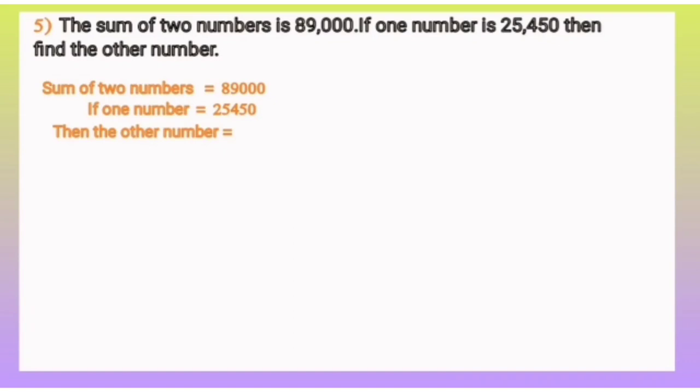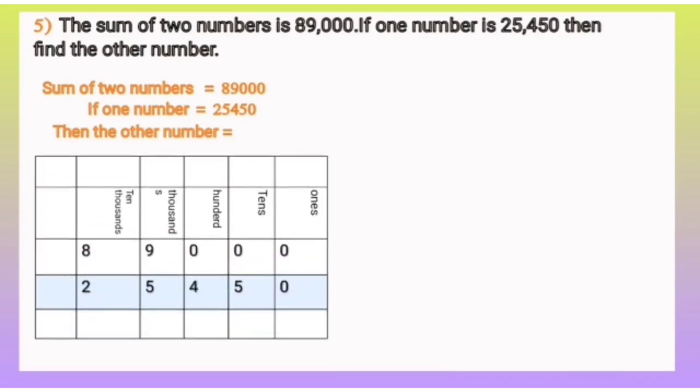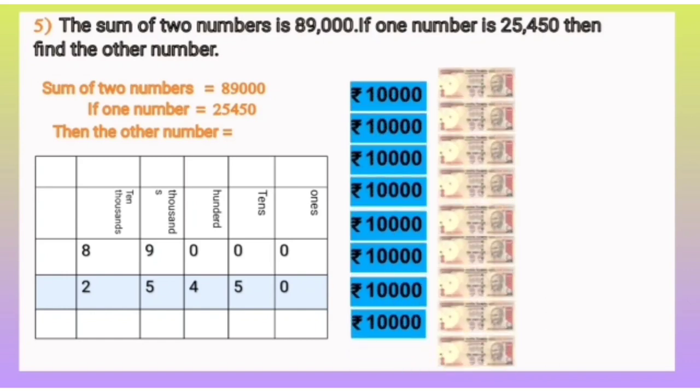For 89,000, we'll take 8 10,000 notes, 9,000 rupee notes. Since 1,000 is equal to 10 hundreds, we'll take 10 hundred rupee notes instead of 1,000 rupee note.